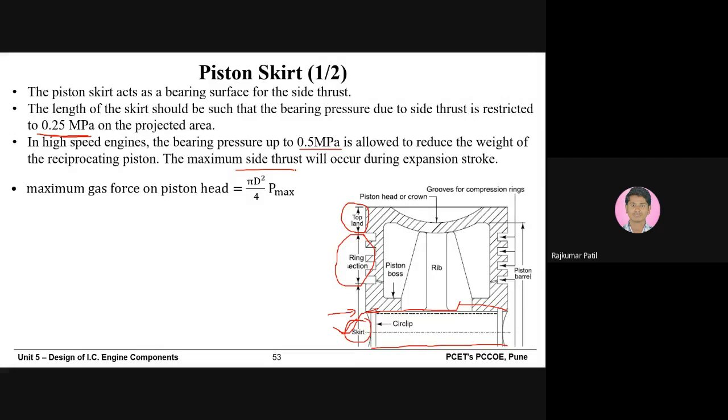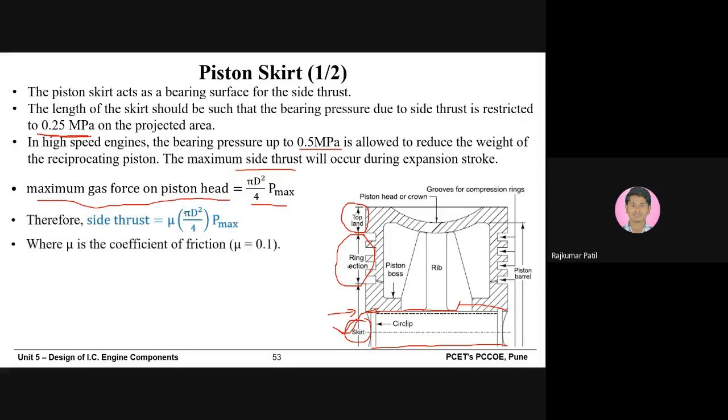So what we need to do? We need to equate the force due to gas on the piston head, which is pi by 4 D squared into P max, to the resistance force. The maximum gas pressure acts in the axial direction of the piston, and it is pi D squared upon 4 into P max.